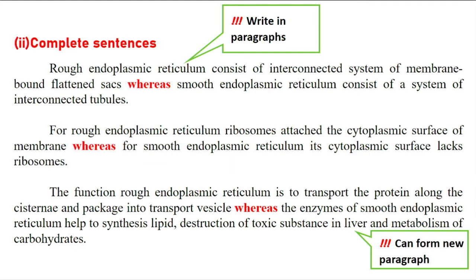Next, this is the sample of answer when you use the second form, which is complete sentences. Look at the sample of answer. Rough endoplasmic reticulum consists of interconnected system of membrane-bound flattened sacs, whereas smooth endoplasmic reticulum consists of a system of interconnected tubules.